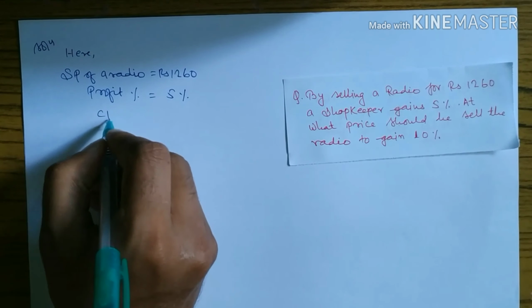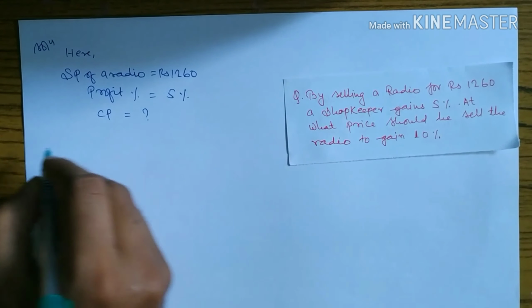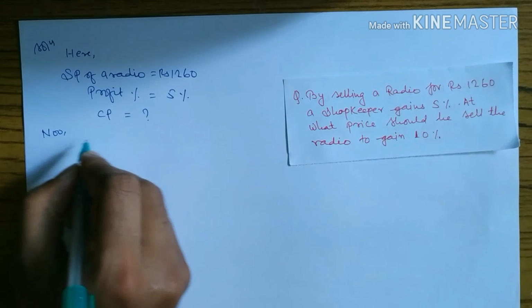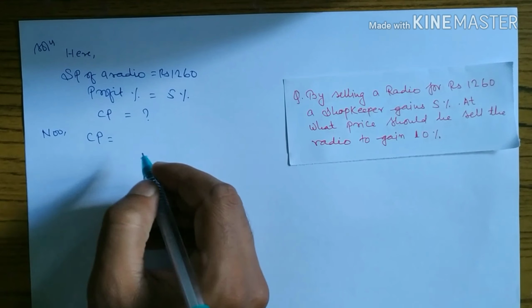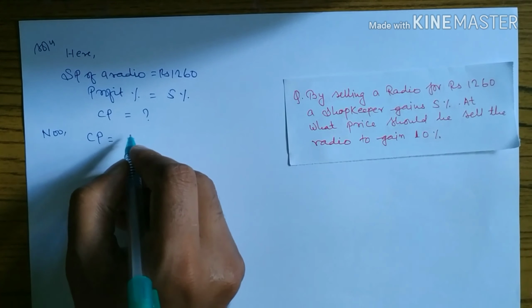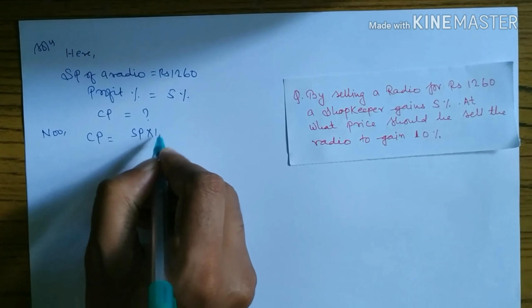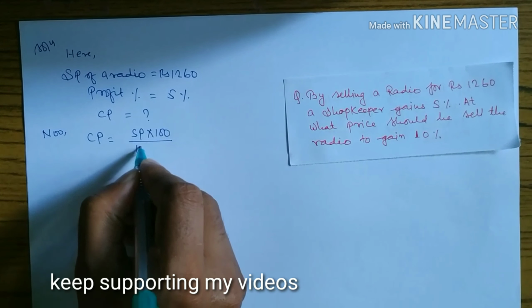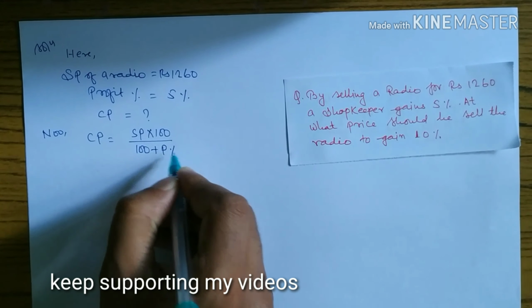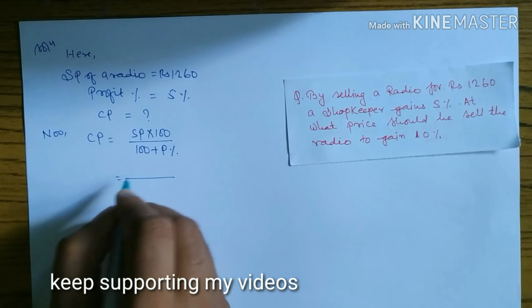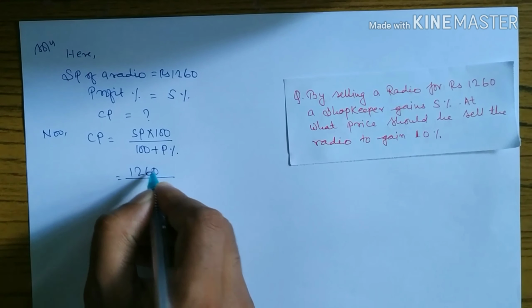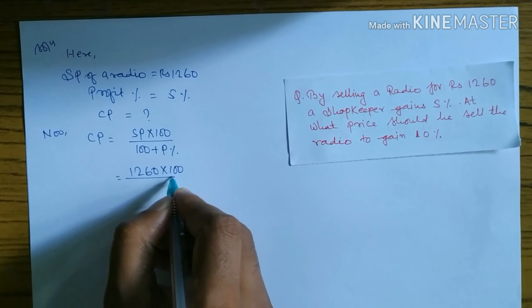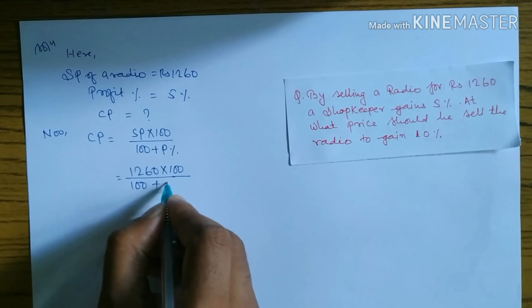Cost price of the radio, CP, is equal to what? Now we have to use the formula of cost price. When SP and profit percent are given, the formula is SP into 100 by 100 plus profit percent. SP is 1260 into 100 by 100 plus 5.